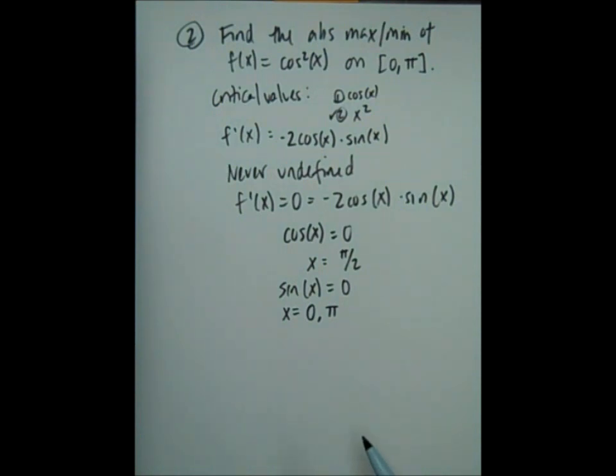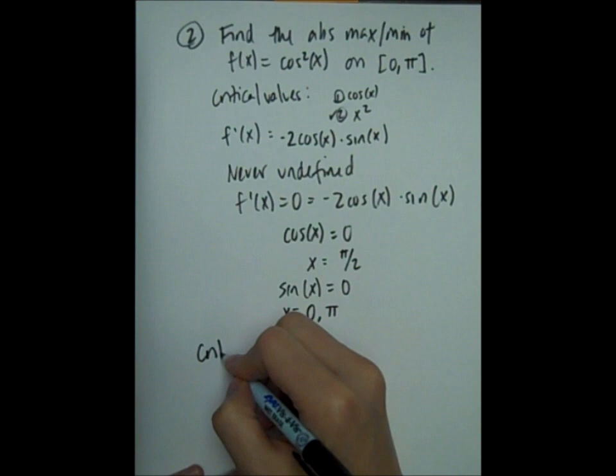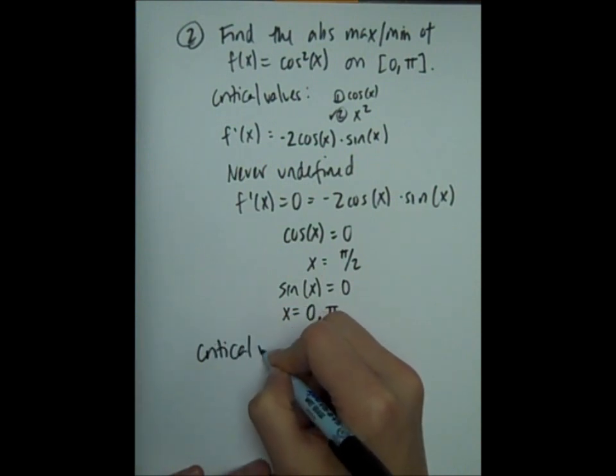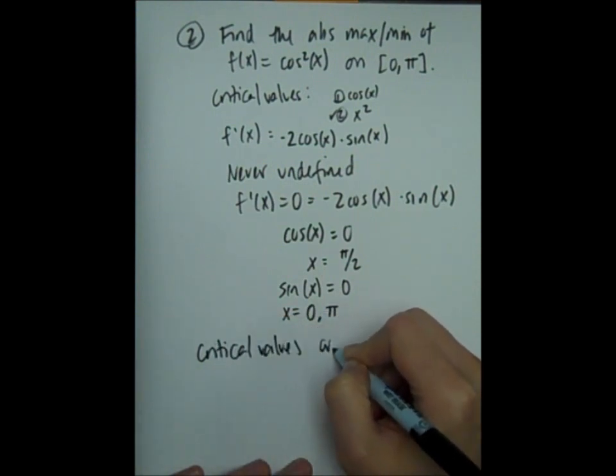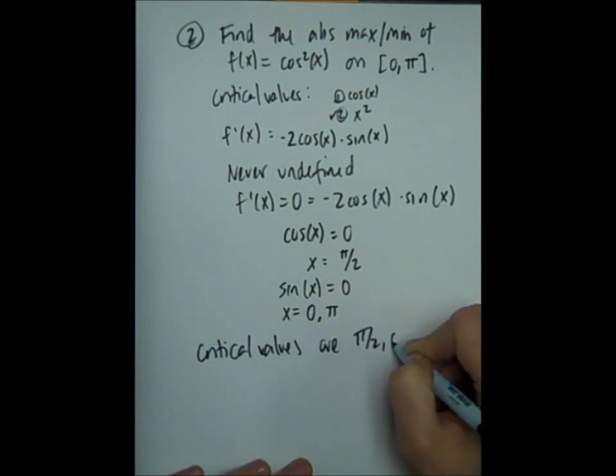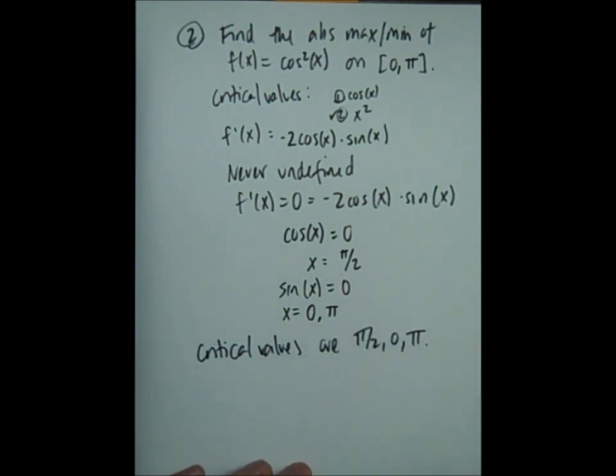Okay, so my critical values are pi over 2, 0, and pi.